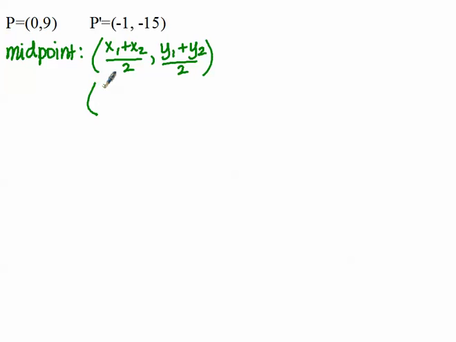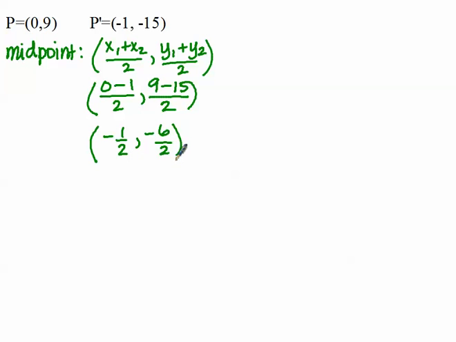Okay, so 0 minus 1 divided by 2, and 9 minus 15. Remember, we're adding a negative. That's where that minus comes from. So we get negative 1/2 and negative 6/2, which we can reduce to (-1/2, -3).